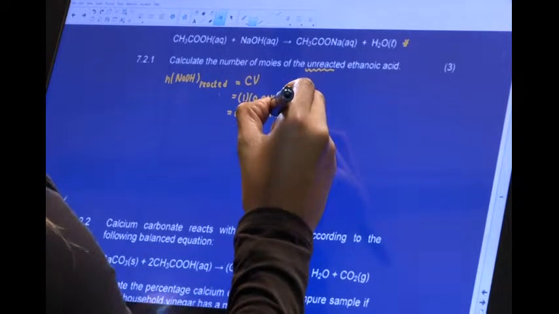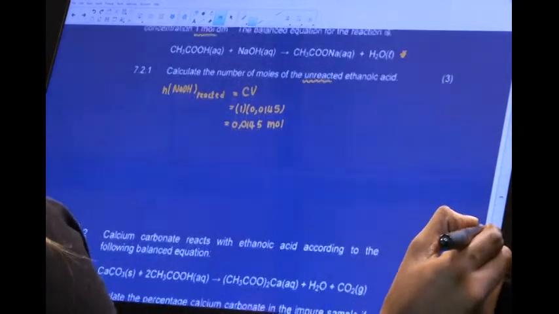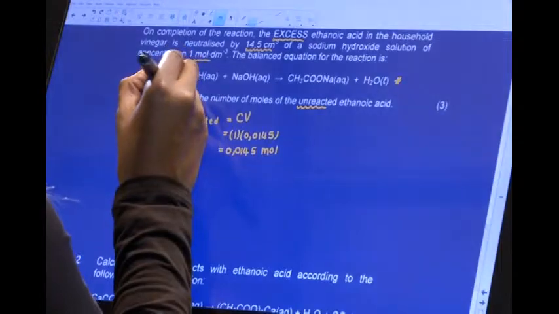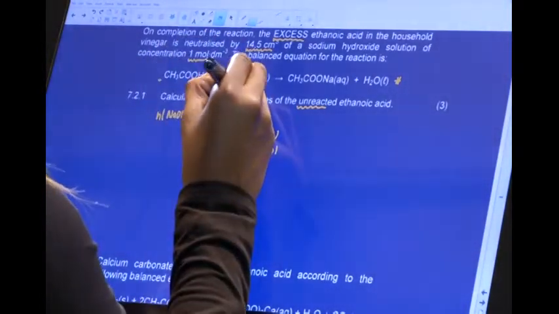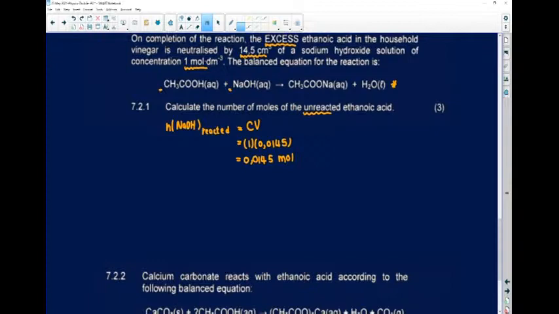Now, remember, I'm going to use my mole ratio. So from my equation that I'm given, I can therefore see that my moles of this and my moles of that is exactly the same. It is a mole ratio of 1:1, which means that my moles of CH3COOH is exactly the same as my moles of my NaOH, which therefore means that my moles of CH3COOH is also equal to 0,0145, right?